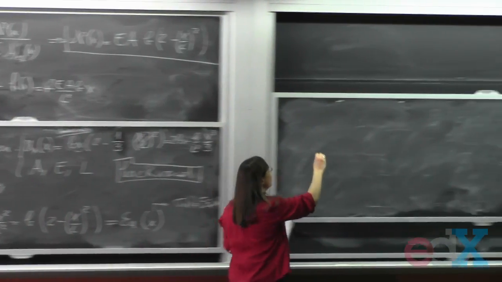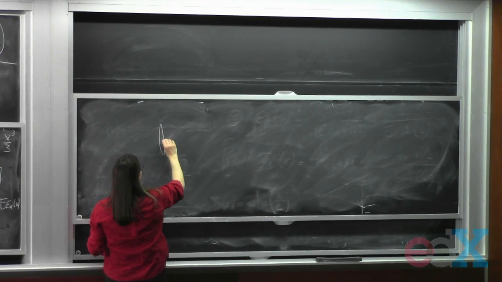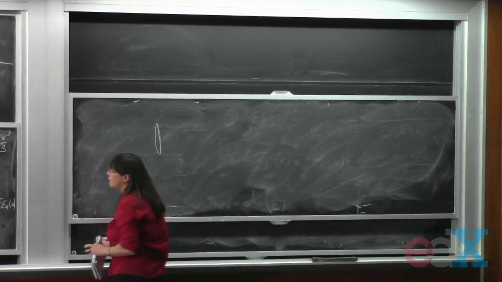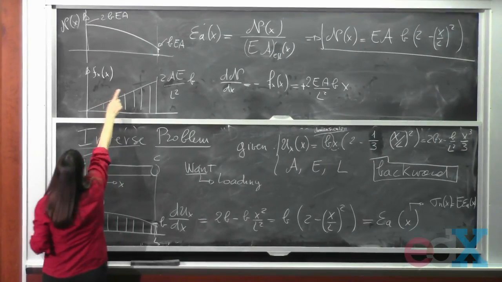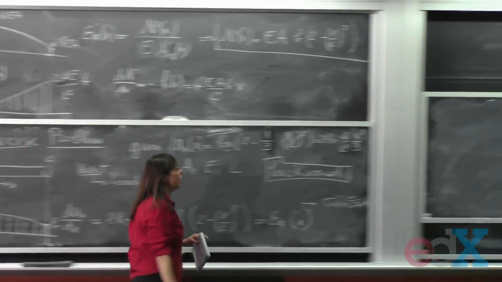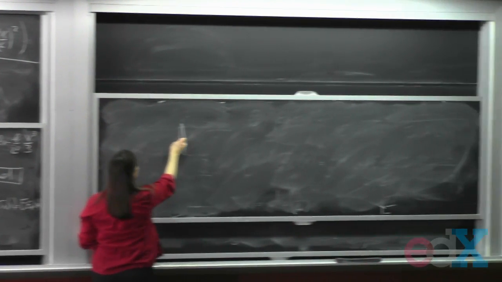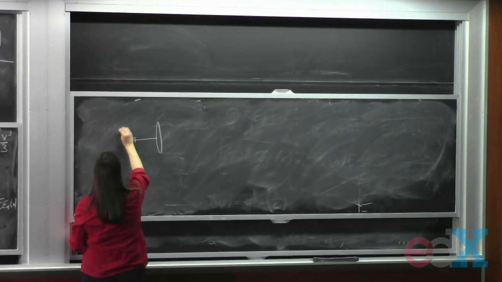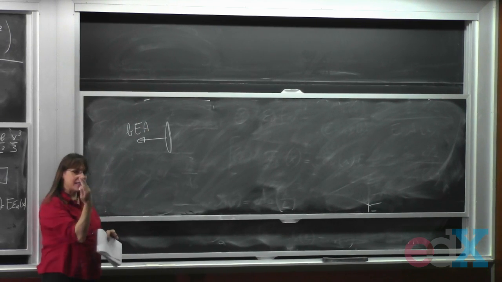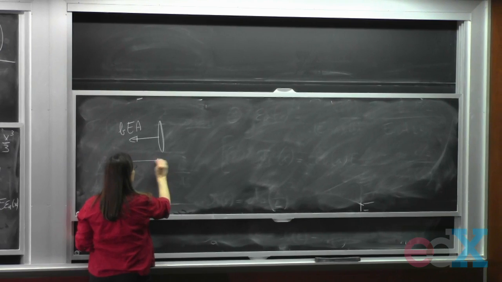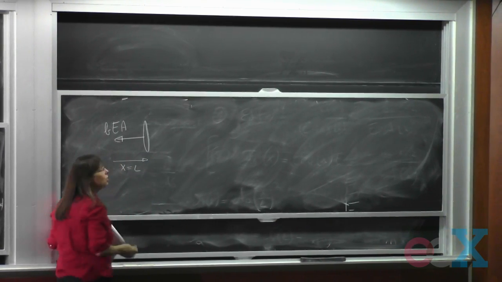If I look at the very end of the bar, I take a disk at the very end of the bar. These equations here tell me that my axial load at the end is something, is not nothing, is BEA. If I take a slice at x equal L. So how can that be?